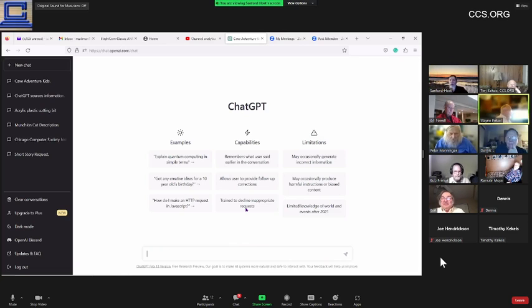It does give the website though. That's good. So it does come up with the website. It says the data is good all the way up until September 2021. Okay.